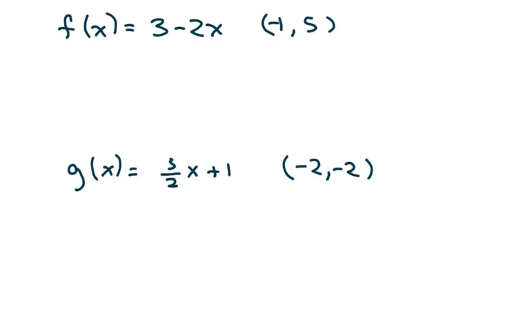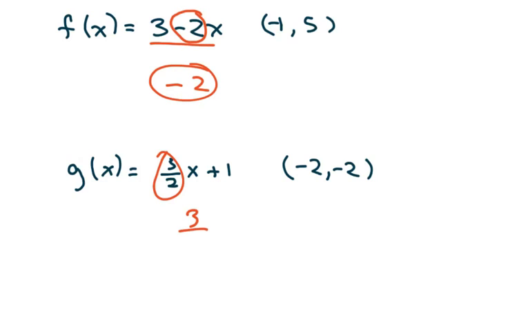Whenever these are linear, all you have to do is take the slope, because this is a line. So the slope of the tangent line is just negative 2 here, and the slope of the tangent line here is just 3/2. That way you don't have to go through that whole process.